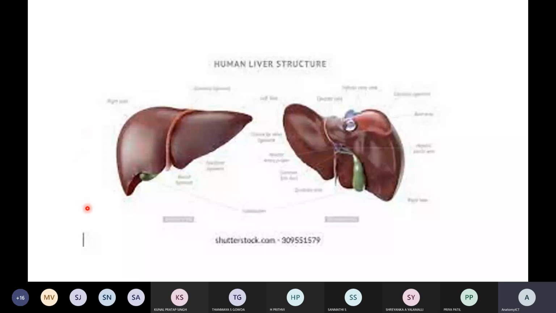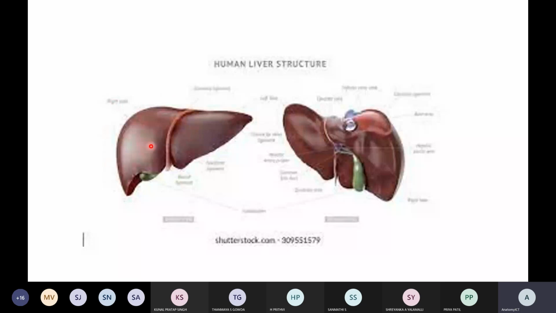This liver is large, and the convexity of the liver is situated within the concavity of the inferior surface of the diaphragm.